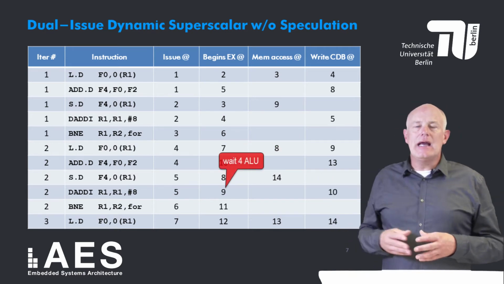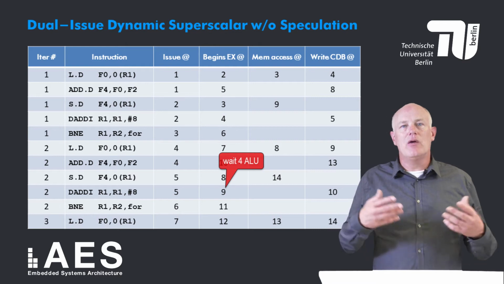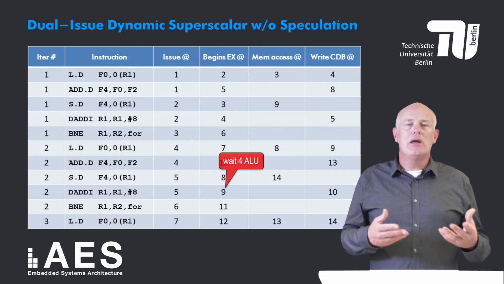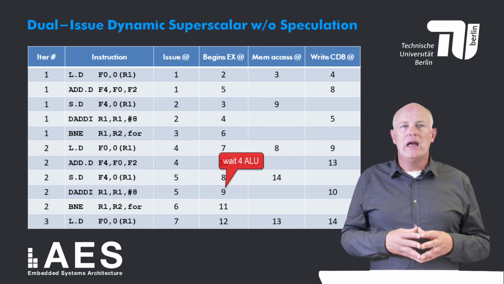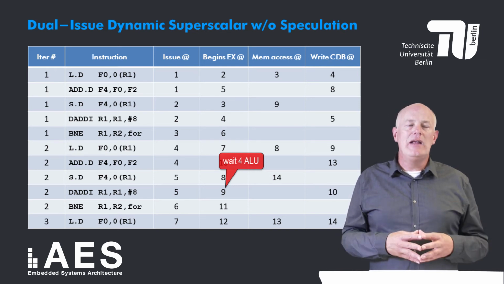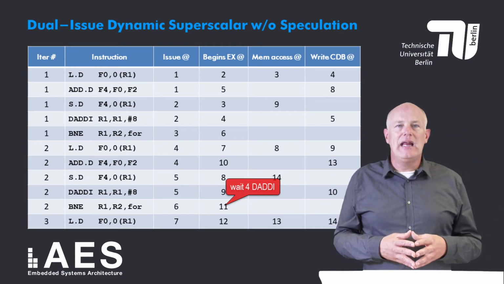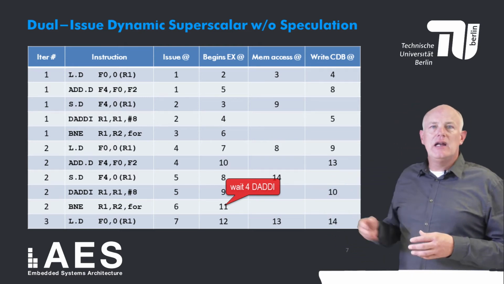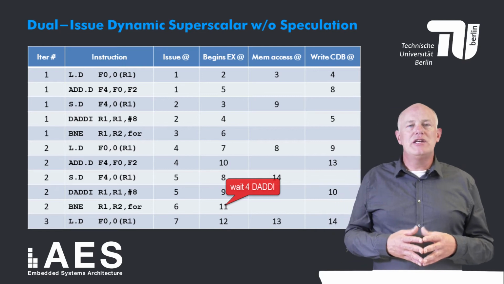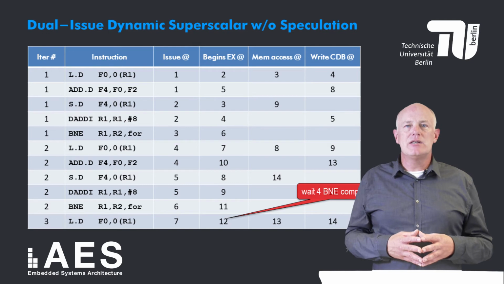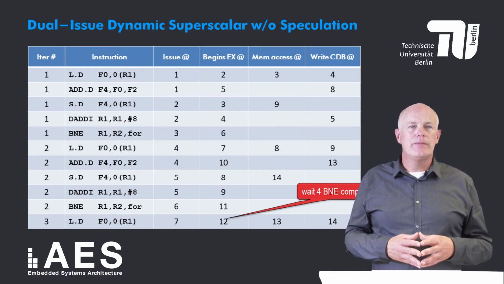The add immediate cannot execute in clock cycle 8 because, again, there is a structural hazard with the preceding store. The add immediate thus executes in clock cycle 9 and completes in clock cycle 10. The branch again has to wait for the preceding add immediate, and finally the load from the third iteration again has to wait for the preceding branch to complete since our processor does not support speculation.